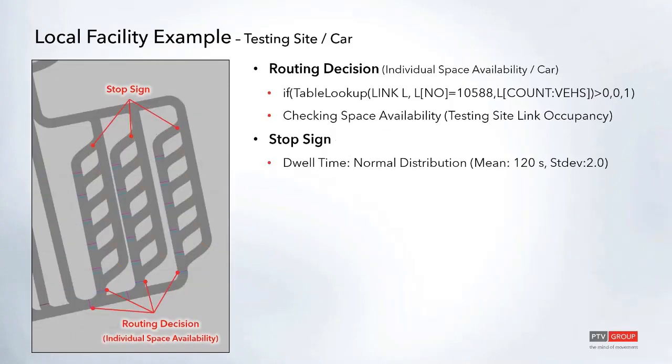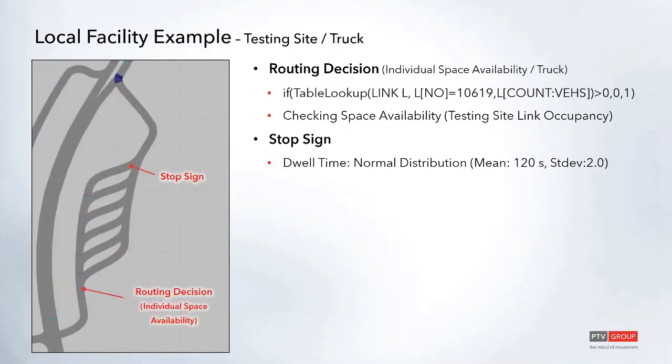Then for the cars, this is the secondary area here. Again, we'll pick up a routing decision to go to one of the aisles and then fill in that first available space. And each of these has a stop sign associated with it with a dwell time to account for that secondary test.